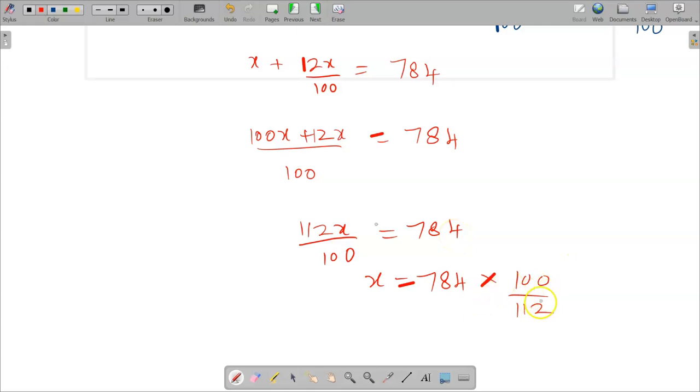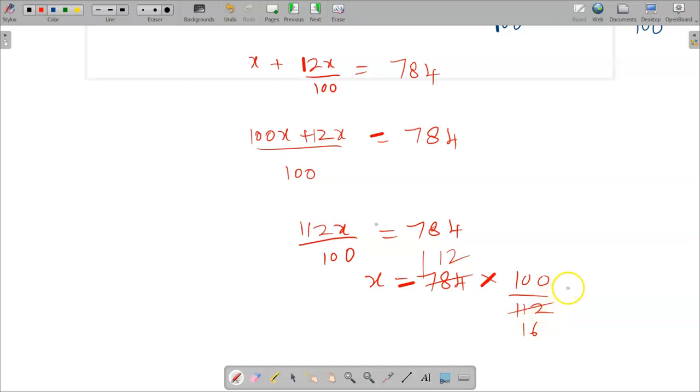Now what tables can we apply? Let me apply the 7 tables. 7 ones are 7, balance is 4, it becomes 42, 7 sixes are 42. Again 7 ones are 7, balance is 1, it becomes 14, 7 twos are 14.